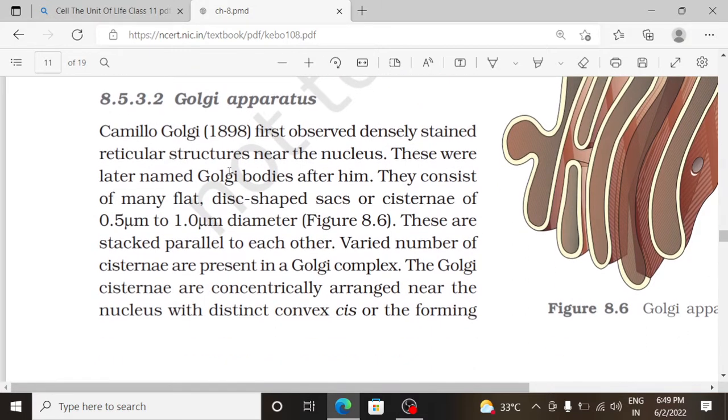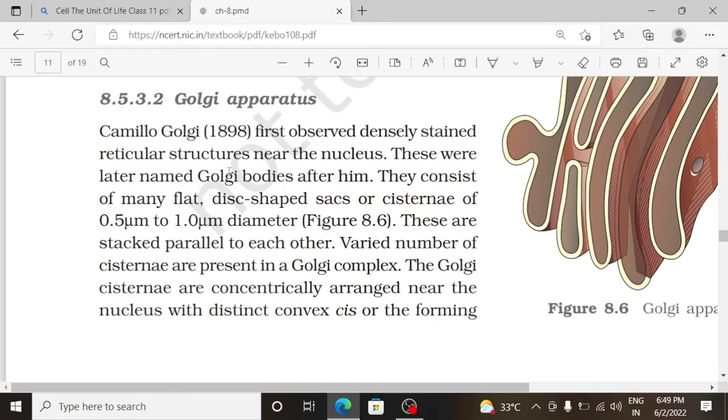Golgi apparatus. Camillo Golgi, in 1898, first observed densely stained reticular structures near the nucleus. These were later named Golgi bodies after him. They consist of many flat disc-shaped sacs or cisternae of 0.5 micrometer to 1 micrometer diameter. These are stacked parallel to each other.